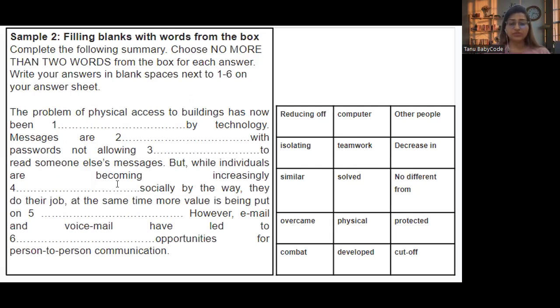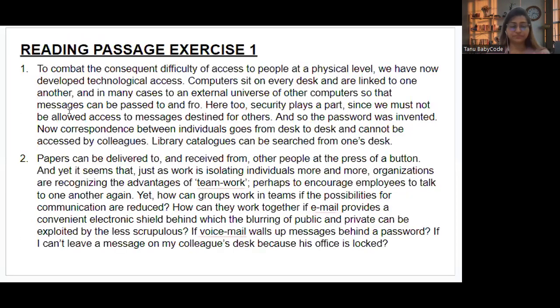But while individuals are becoming increasingly dash, so it can be a verb. At the same time, more value is being put on dash. So more value is being put on what? Noun. However, email and voicemail have led to dash opportunities. It can be adjective also, right? So let's start with this.